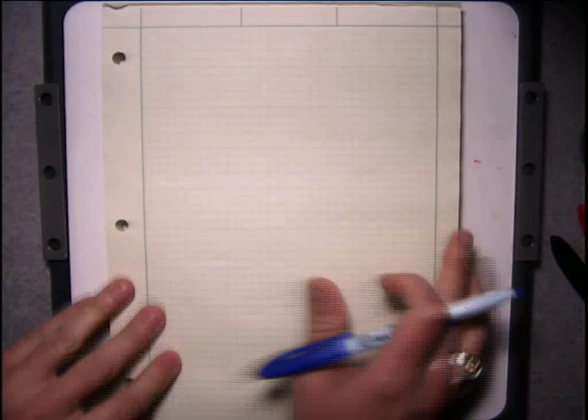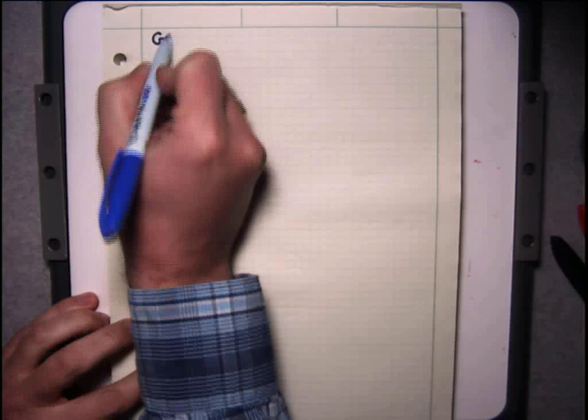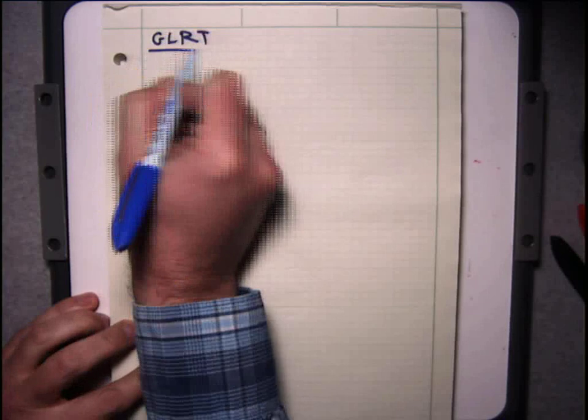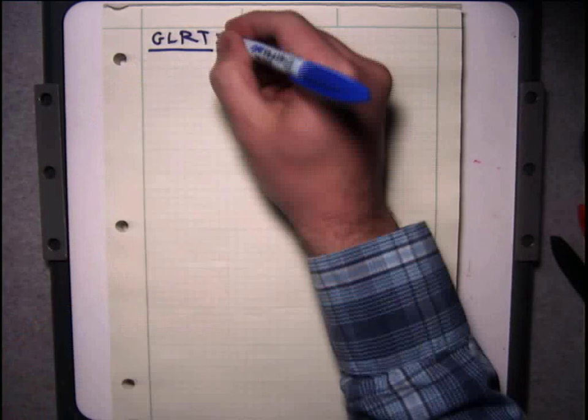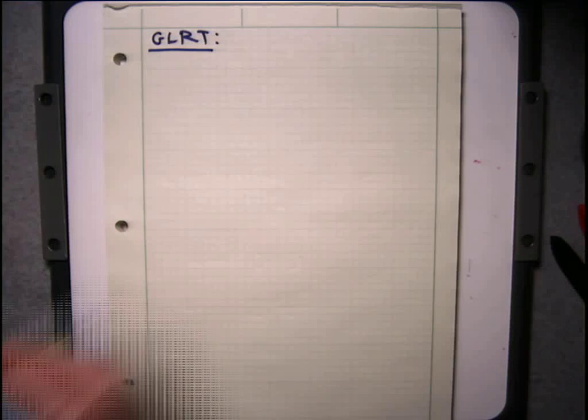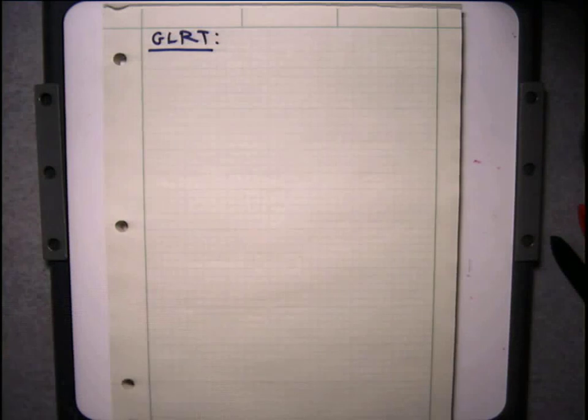We spoke last time about the GLRT, which is shorthand for Generalized Likelihood Ratio Test. This is a technique for detecting signals in a scenario where the signal itself is unknown or some parameter about the signal is unknown.